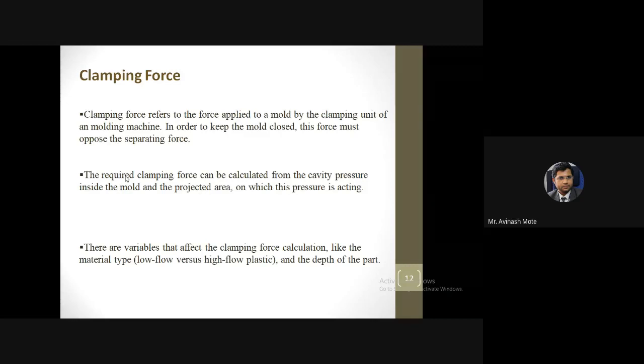So in the reverse direction we are getting pressure, and it will oppose the closing of the mold. So the setup has to overcome that pressure. Or even, whenever we are pouring the molten material, as I told you, we are not pouring the exact quantity of material inside the cavity.